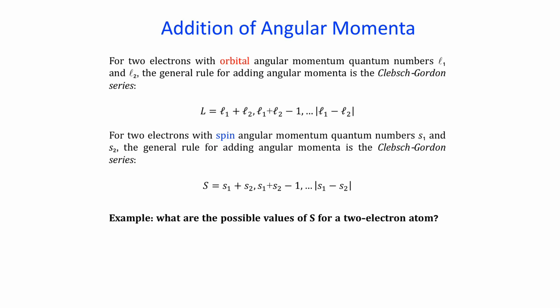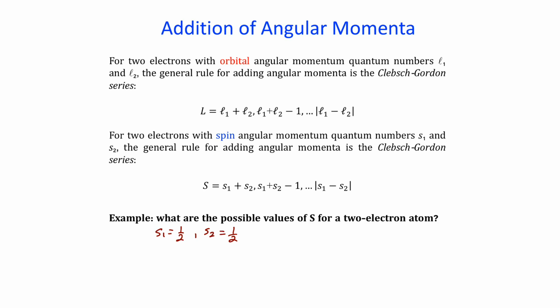All right, so this sounds maybe a little bit abstract at this point. You'll get some practice at using this. So let's do a quick example, just determining the possible values of S for a 2-electron atom. Here we need the values of little s for our 2 electrons. We know that S1 is going to be equal to 1/2, and likewise S2 must be equal to 1/2, because that's the definition of the spin quantum number for an electron.